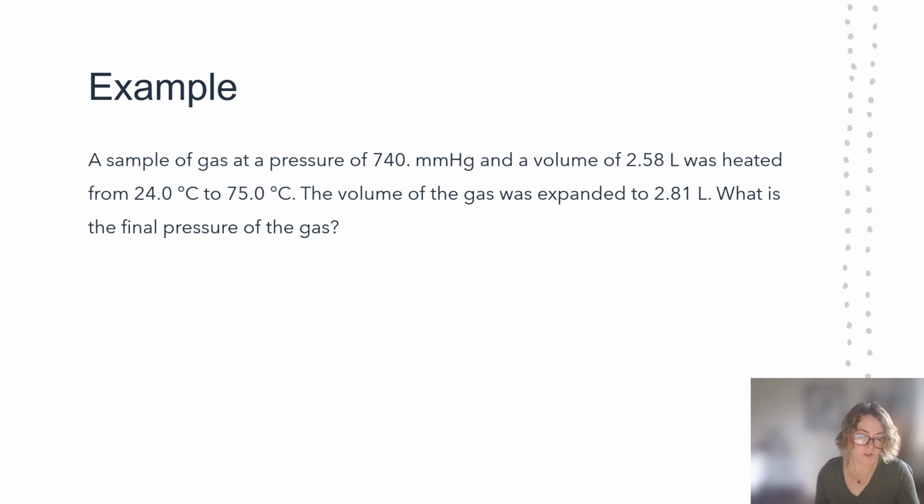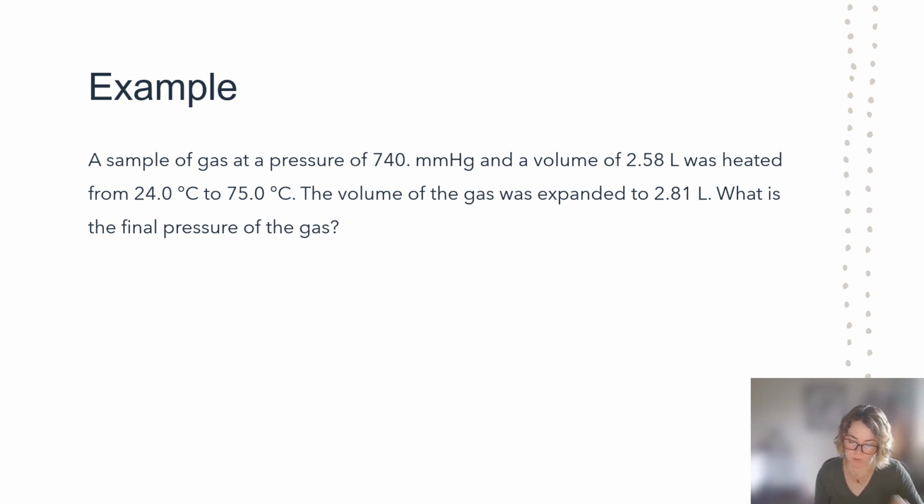This says a sample of a gas at a pressure of 740 millimeters of mercury has a volume of 2.58 liters and was heated from 24 degrees Celsius to 75 degrees Celsius. The volume of the gas was expanded to 2.81 liters. What is the final pressure of the gas?